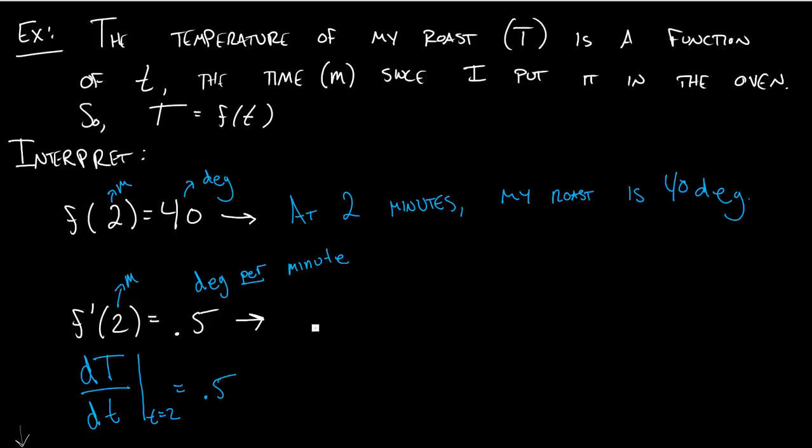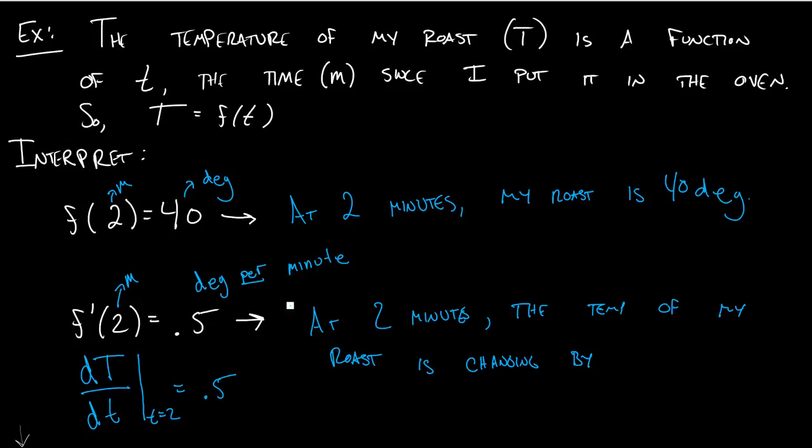Right, so to understand this statement, we'll start the same way. We'll say at my input, just like above, so at 2 minutes is the first thing I write. And then we're still making a statement about the temperature of my roast, but not the same type as above, right? We'll say the temp of my roast, so my output value, at this input value, is changing by, and that's where we put in what our derivative tells us, 0.5 degrees per minute.